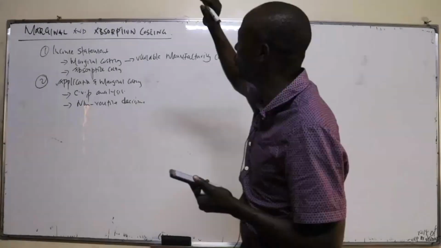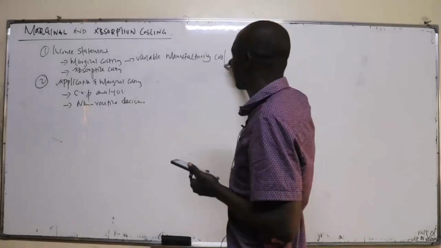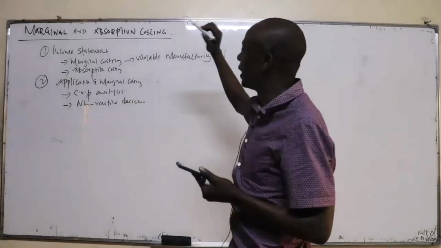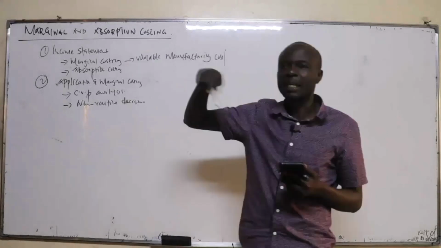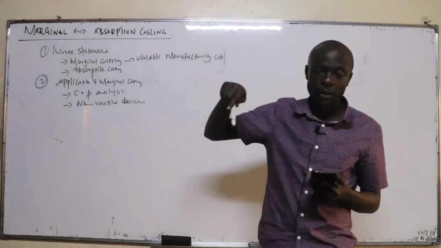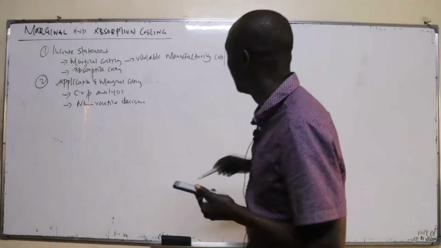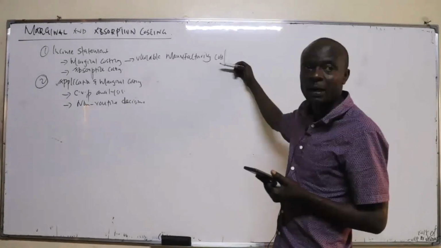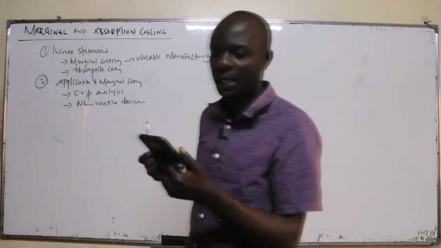Another thing under marginal costing is that the reports are used for internal decision making, not for external consumption. And then the closing and opening stock are valued based on the variable manufacturing costs. So those are the features of marginal costing.